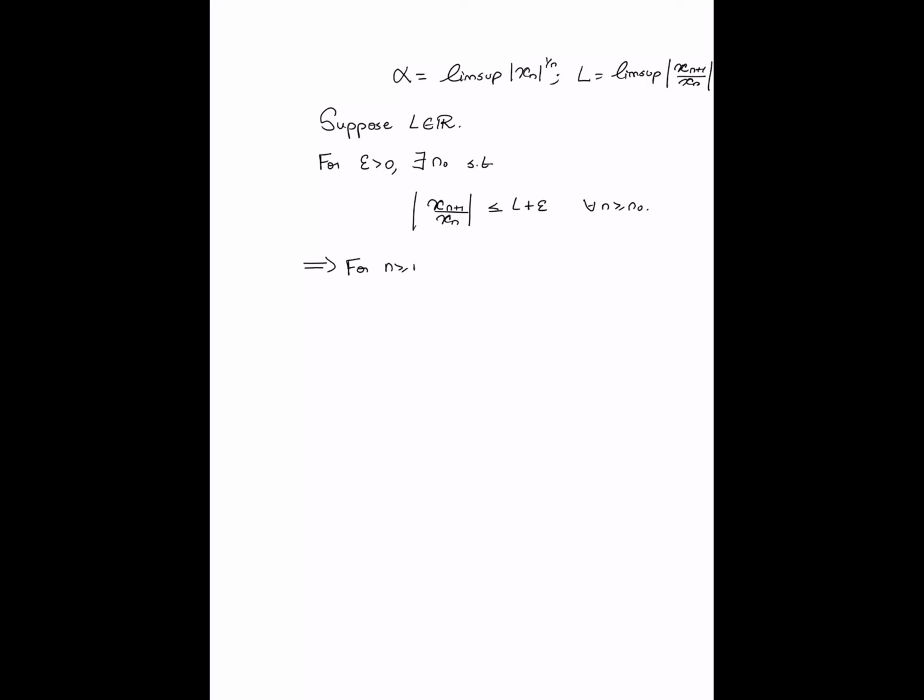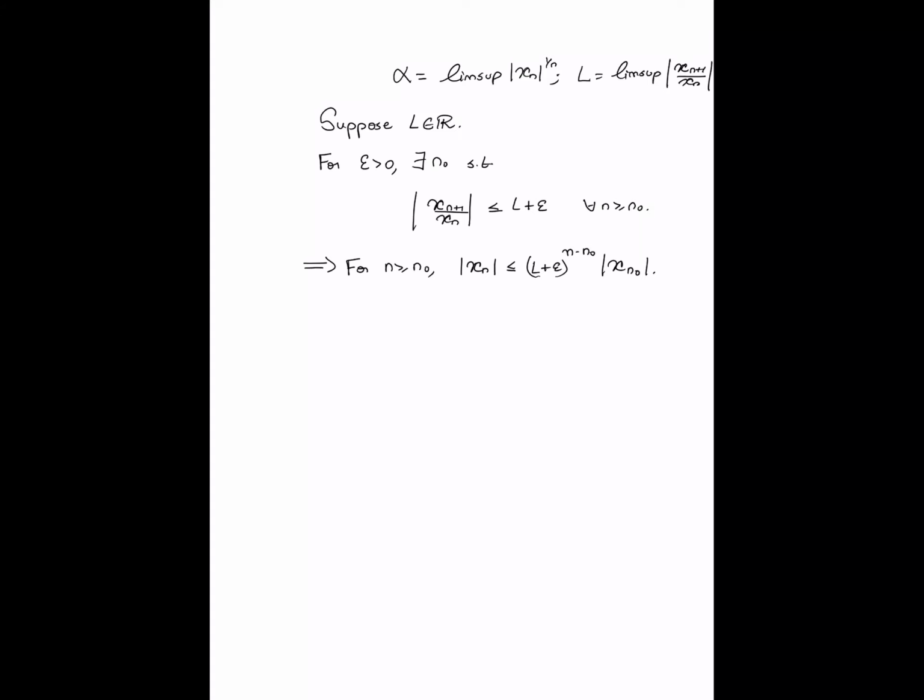For n greater than or equal to n naught, absolute value of xn is in fact less than or equal to L plus epsilon raised to n minus n naught times absolute value of xn naught. Okay, this is just obtained by inductively applying the previous inequality.